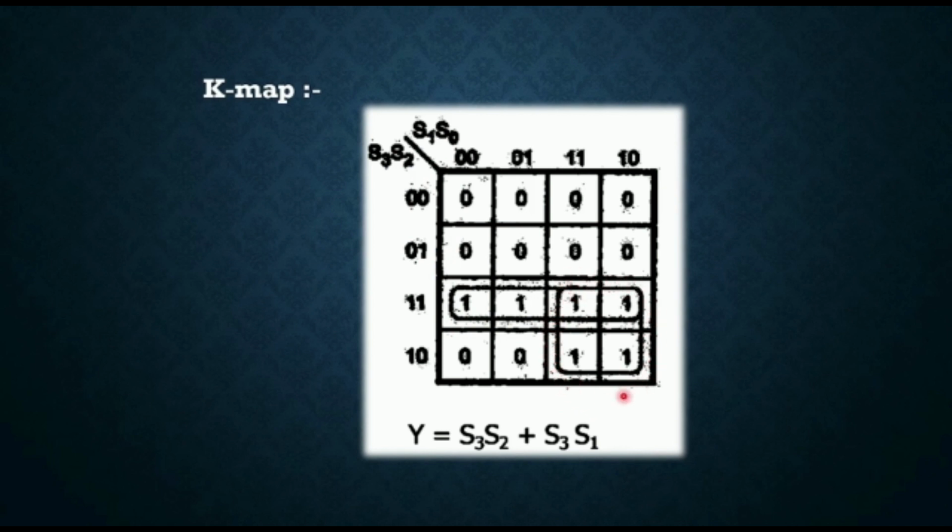From the quad grouping we take S1 common from the row and S3 common from the column, so we get S1 and S3. And from the row of ones we get S3 and S2. So the equation from the KMap is S3 S2 plus S3 S1. So that's it, KMap for the decimal to BCD truth table.